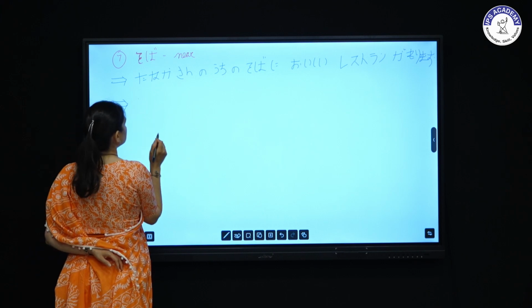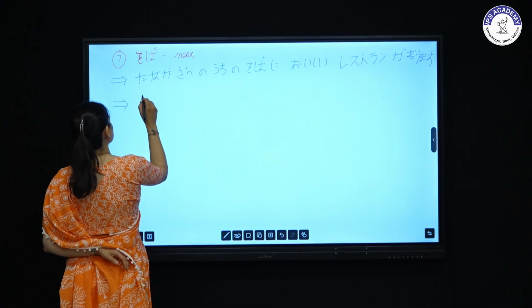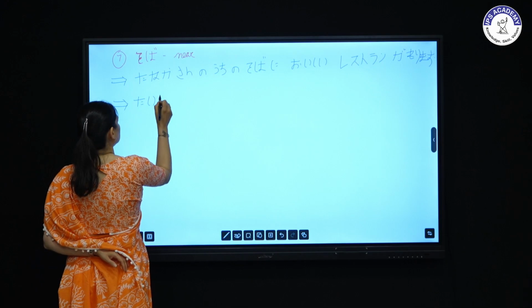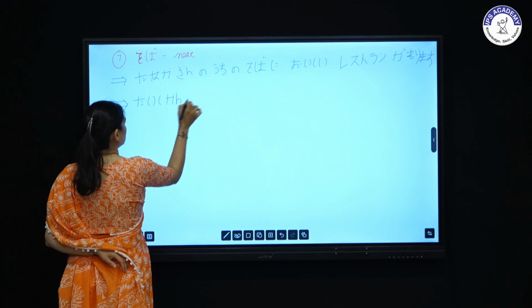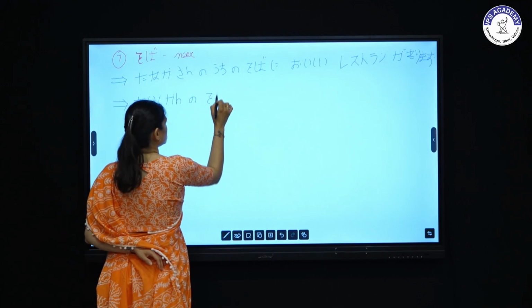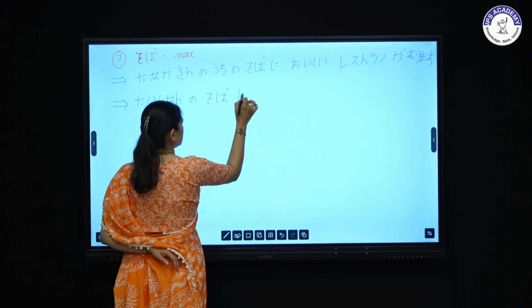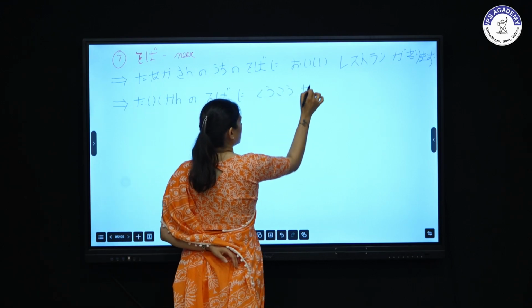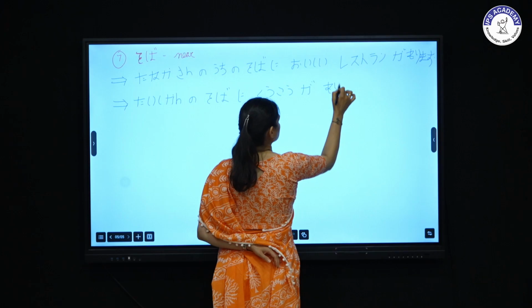The second sentence is Taishikan no soba ni kuukou ga arimasu.